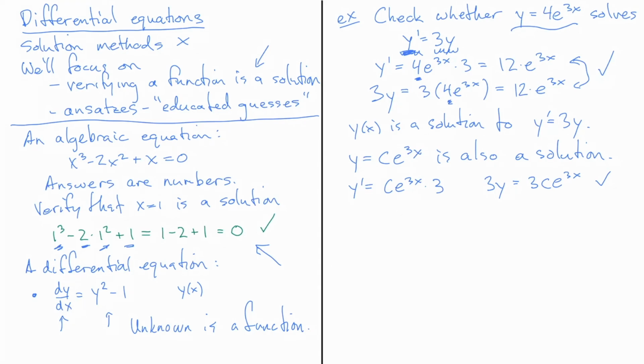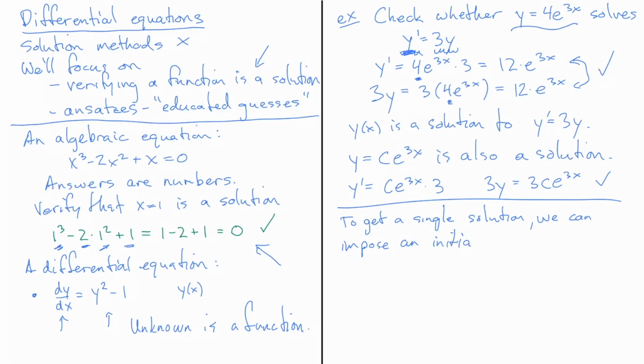So instead of getting this arbitrary constant, we might say, to get a single solution, we can impose an initial condition. Sometimes I'll refer to that as an IC, initial condition.